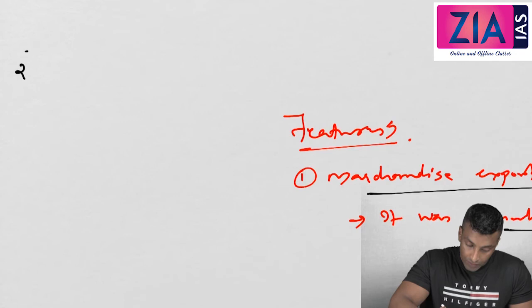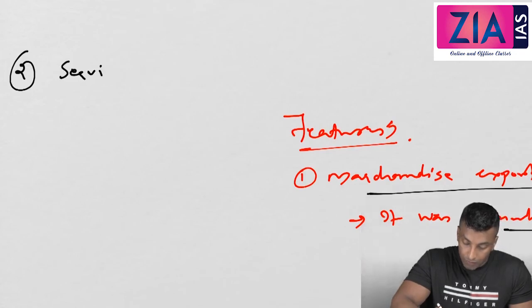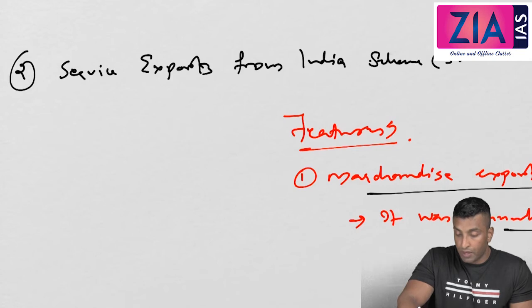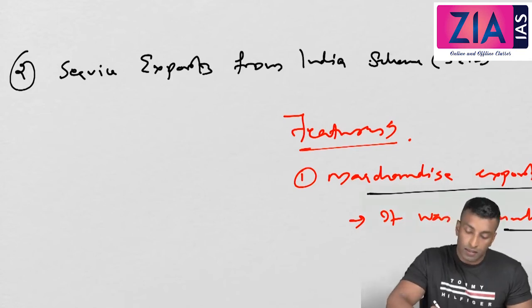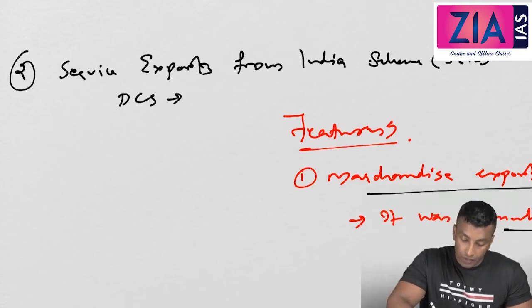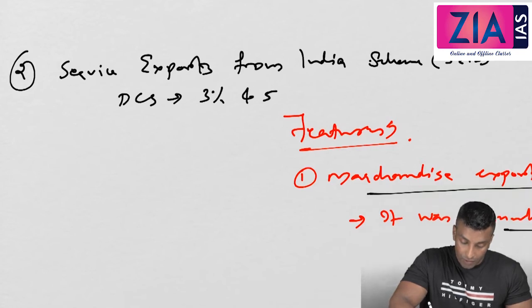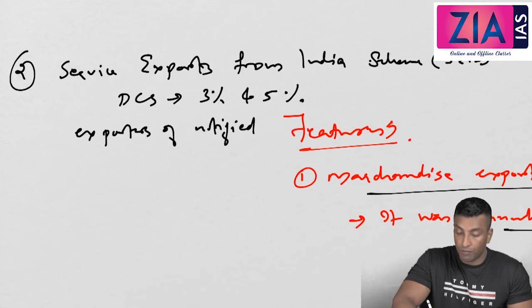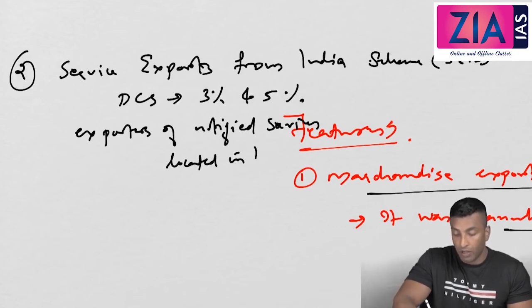The second one, Service Exports from India Scheme. Under this, again DCS was provided, 3% and 5% of value of exports, to exporters of notified services located in India.